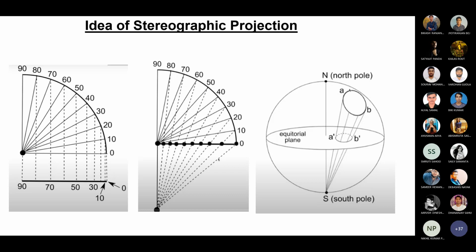In this way you can keep the angular truth without any kind of deviation. So you can preserve angular truth in the process, which is really helpful for the purpose of stereographic projection. That's why this kind of method has been taken.